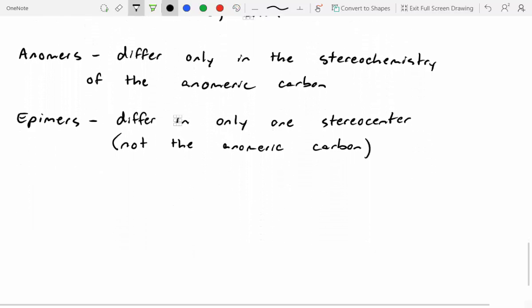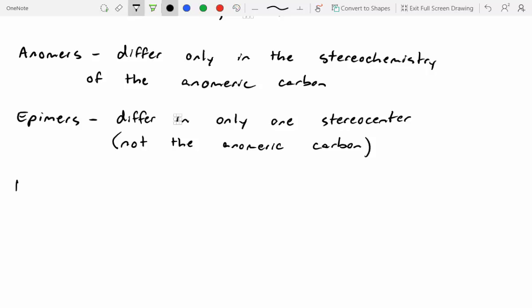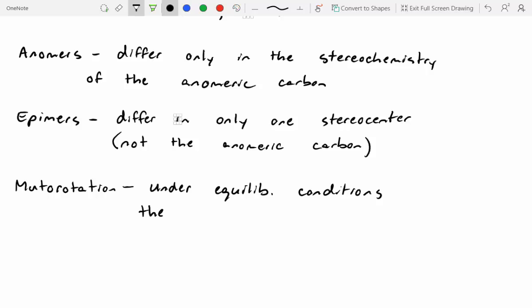The next one is mutarotation. Mutarotation is, under equilibrium conditions, the ability to interconvert between anomers.